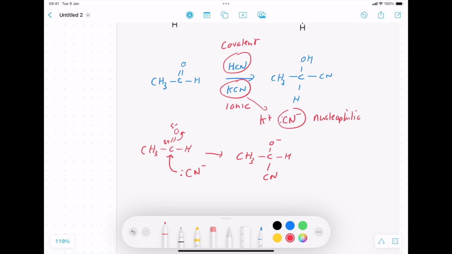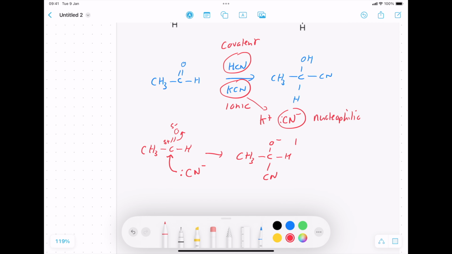Right, in the second step, this is where the hydrogen cyanide comes in, which acts as a source of hydrogen for the oxygen to become protonated to form the hydroxy group. Okay, so you have the HCN there, which is delta positive, delta minus.